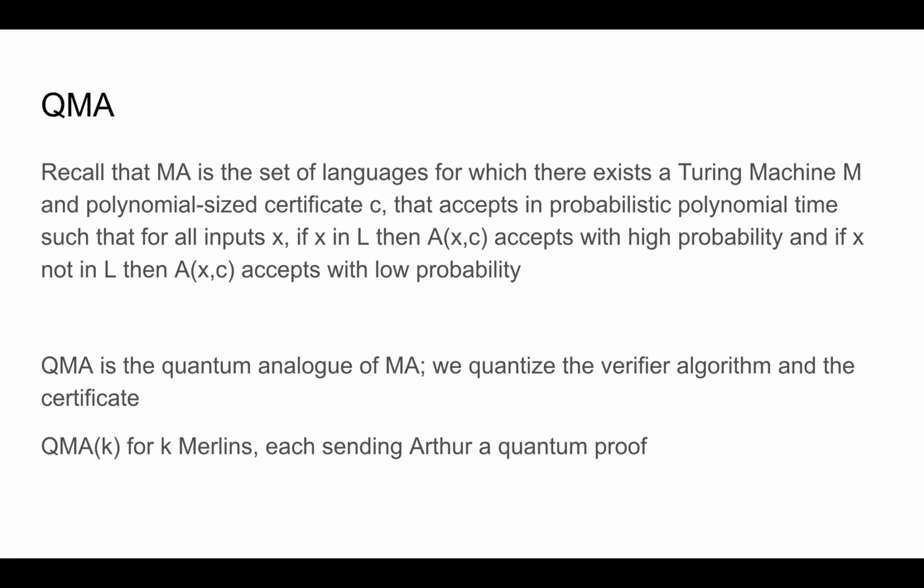Whereas QMA is not using BPP algorithms, it's using the quantum analog of it, so it's BQP algorithms to verify. And then QMA(k) is defined to be the class of languages for which there are k Merlins. So now there are k provers, each sending the verifier a quantum proof.